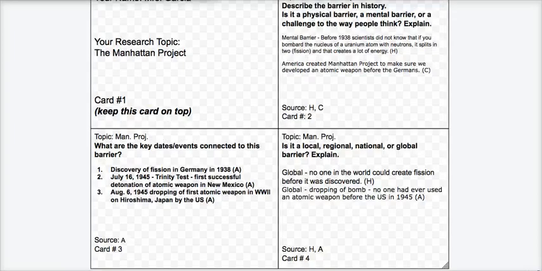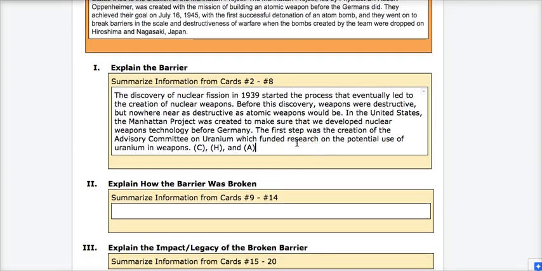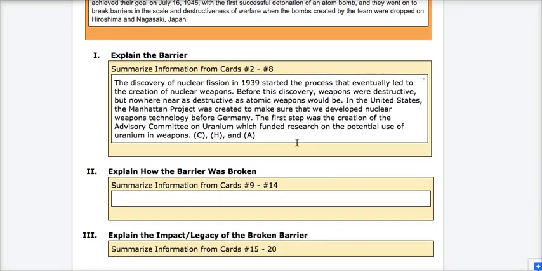I also used H and A because I took information from here and here and here, and those are the sources I used. So C, H, and A. You don't have to put them in parentheses, you can just list the letters, but just make sure that you know where you're getting the information from.